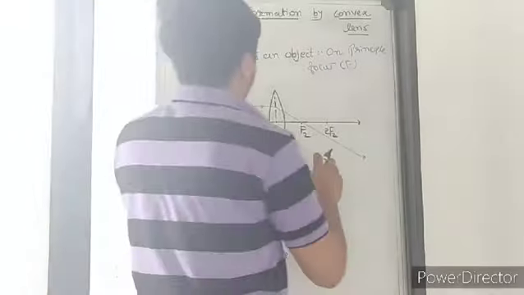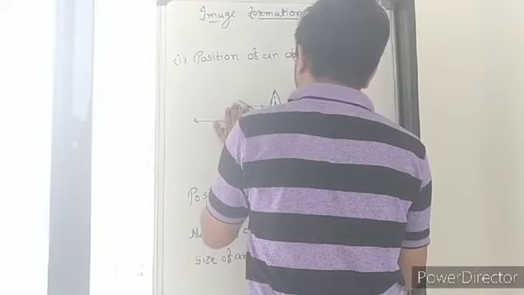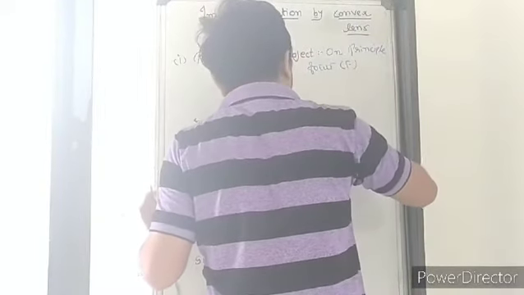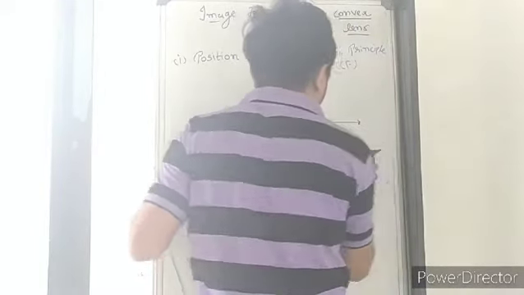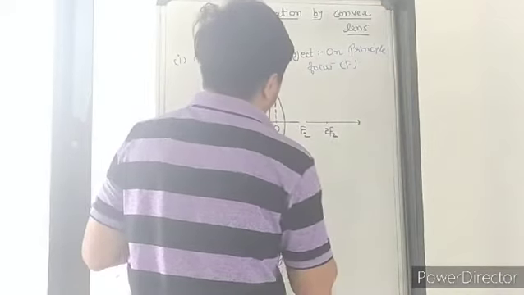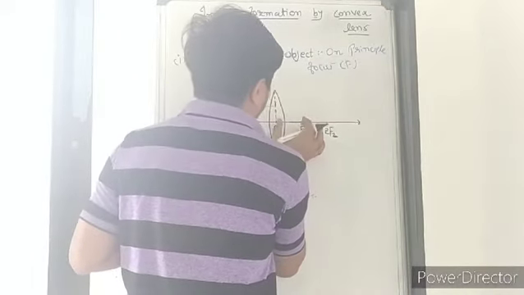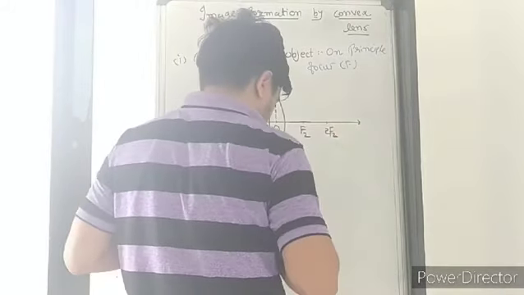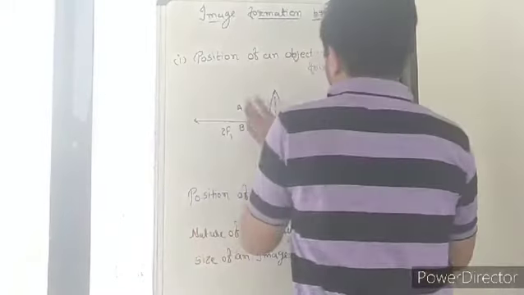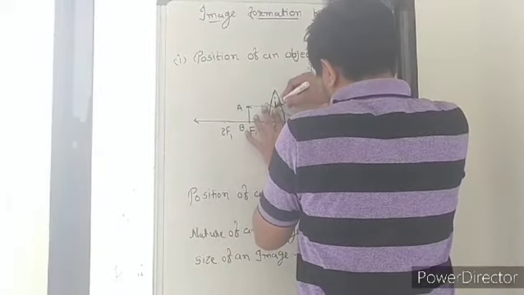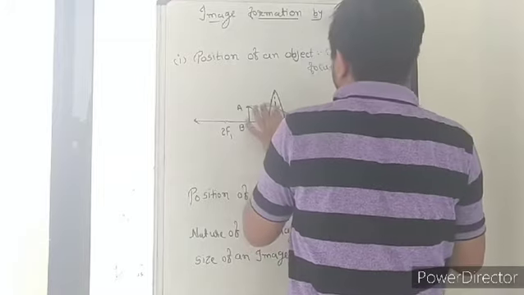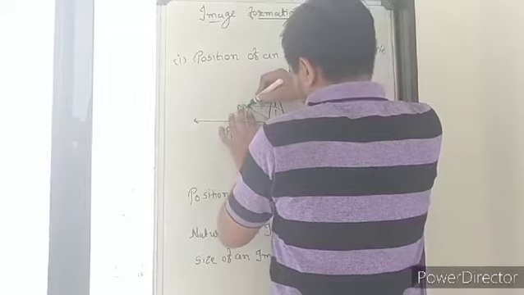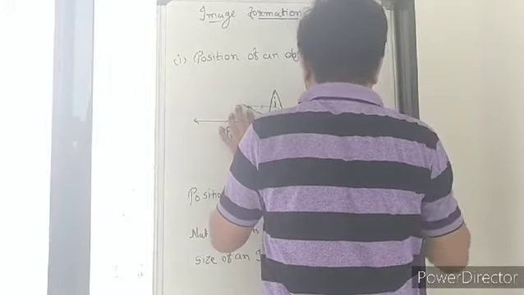What is the second ray? The second ray should pass through O. The parallel ray, after refraction, passes through F2, and the ray passing through O will never refract.